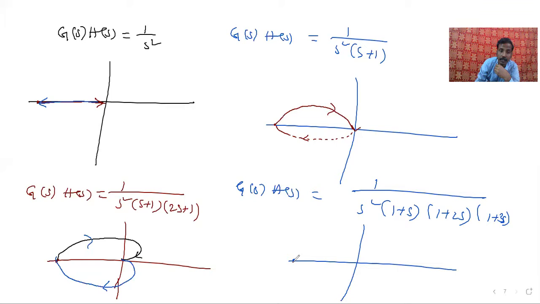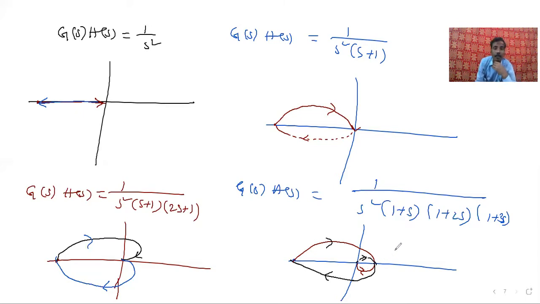This is the polar plot. And what is the Nyquist plot? The mirror image. This is the mirror image.